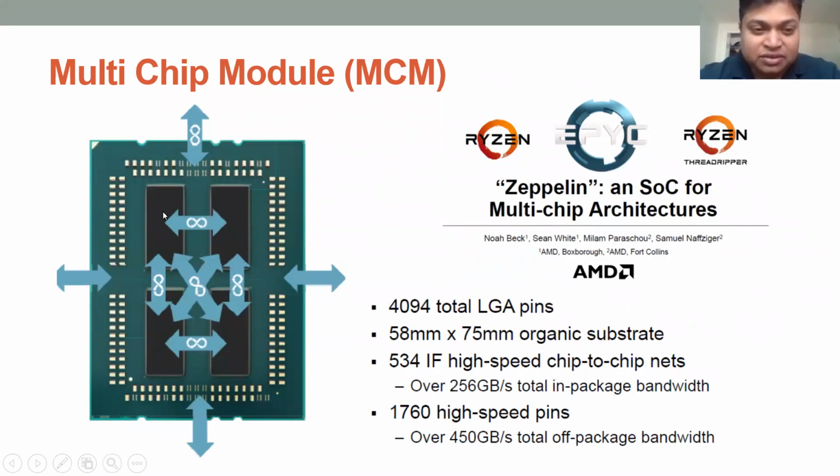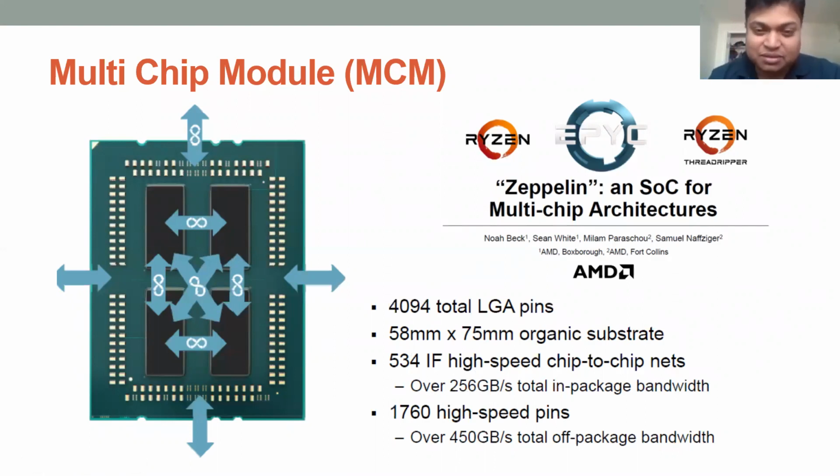Now the thing is that none of these lines or the small traces needs to come outside the package, so they can maintain very good signal integrity. The loss and everything would be much better. And that's one of the things Tesla is doing too, and other people are doing too, right? So this is why, within the package, the bandwidth is 256 gigabytes per second. That's a huge bandwidth that they can accommodate.